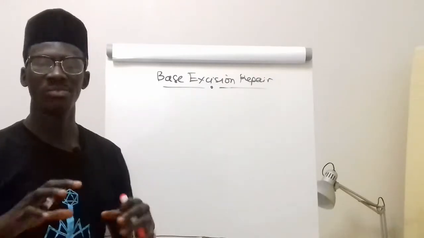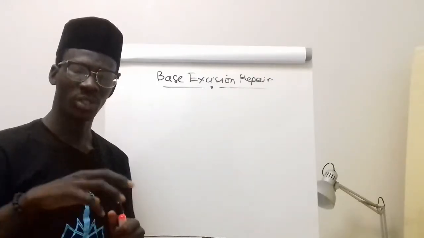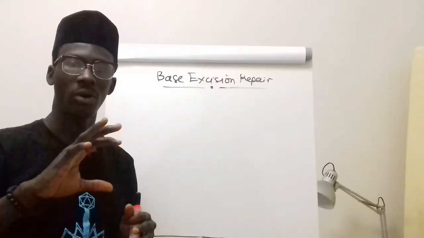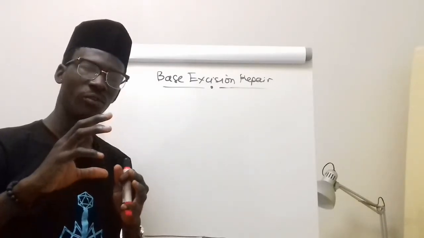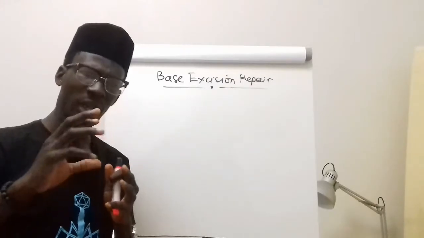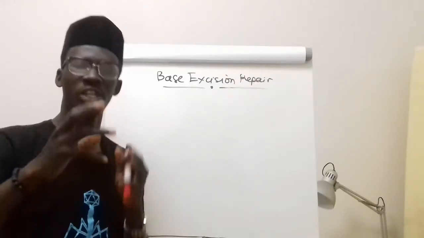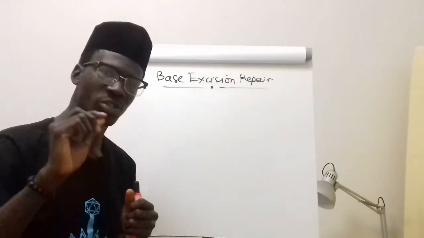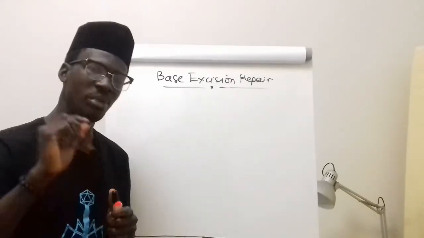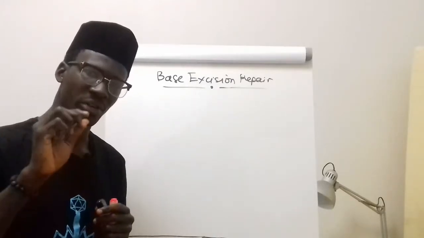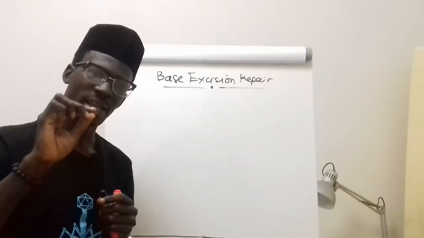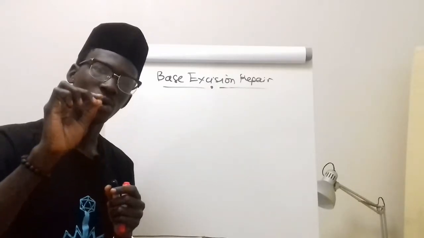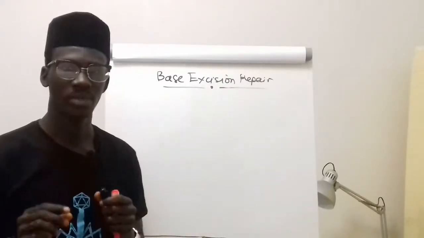Base excision repair simply talks about repairing a single-stranded break, or in this case a mismatch or a spontaneous change that has occurred at the nitrogenous base. What we are repairing is an error in the nitrogenous base, which could be as a result of deamination.